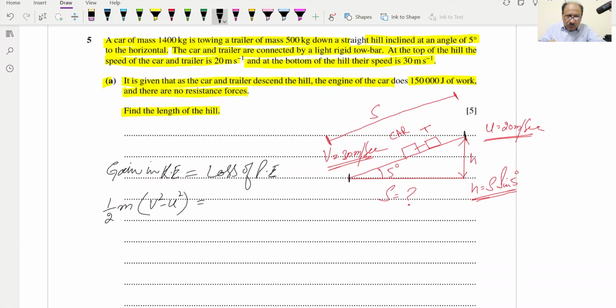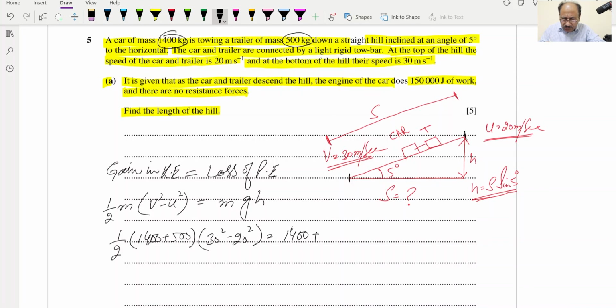So this will be equal to mgh we can write, and this will be equal to half into mass. Collective mass will be 1400 plus 500, and change in velocity will be 30 squared minus 20 squared, is equal to mass, which is again the same.